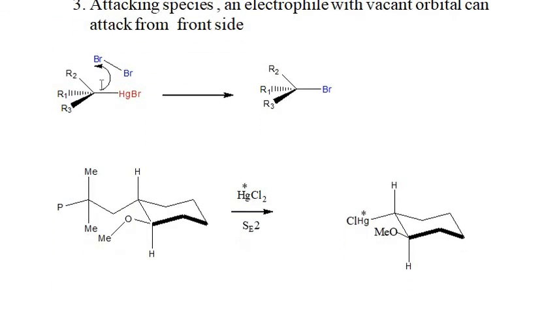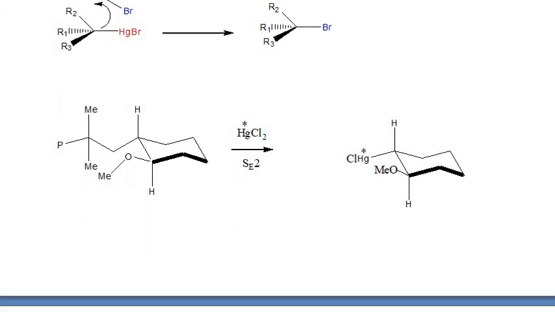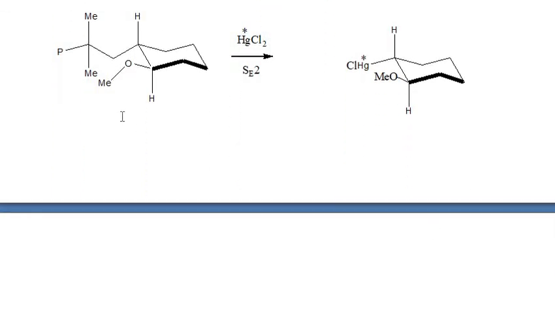Here we can see the example of front side attack. Here Br as an electrophile attacks from the front side, and it takes the place of HgBr, and Br replaces HgBr, so the configuration remains the same. Here also we can see retention of configuration.